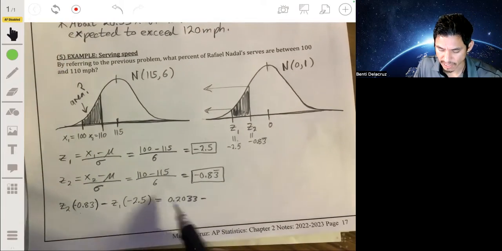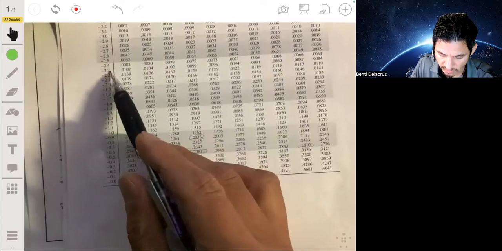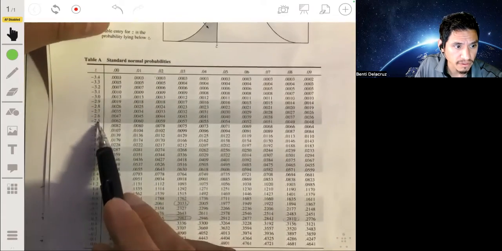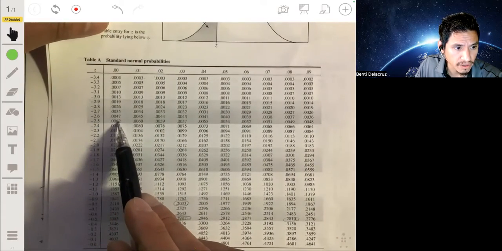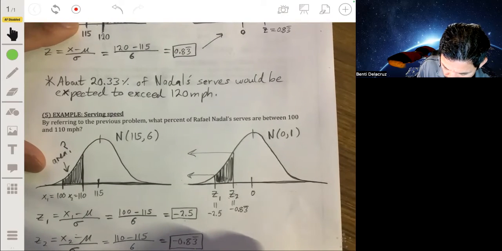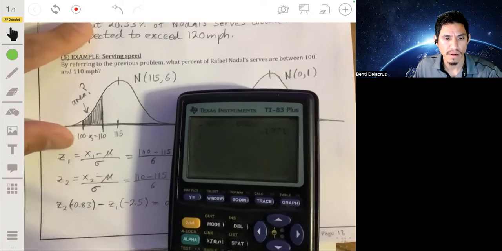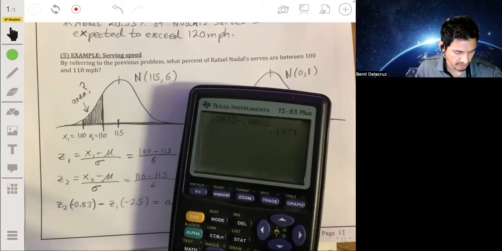And from that, we subtract the area to the left of negative 2.5. So the area to the left of negative 2.5, we just go right here, 0.0062. We'll get about 0.1971.